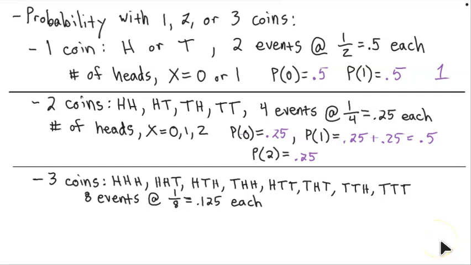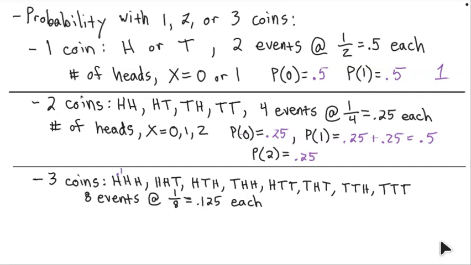So now when we look at the probability associated with flipping 3 coins, we know that there are 8 events, right? We made that big chart. We knew that there were 8 events. Now several of them have the same outcome, the same number of heads, but it doesn't change the fact that there are 8 events. And that means that each of the events has a probability of 1/8 or 0.125.